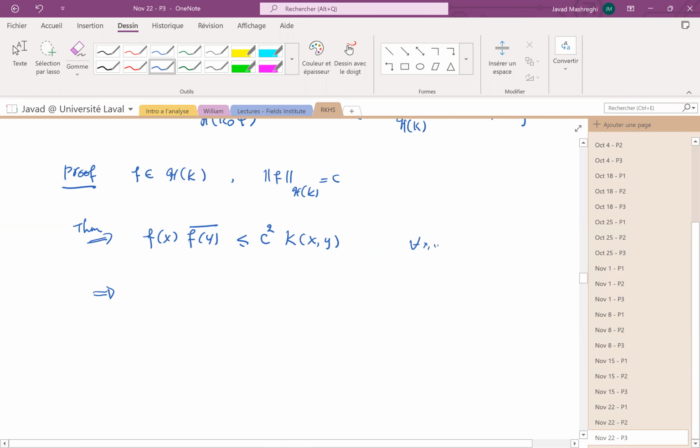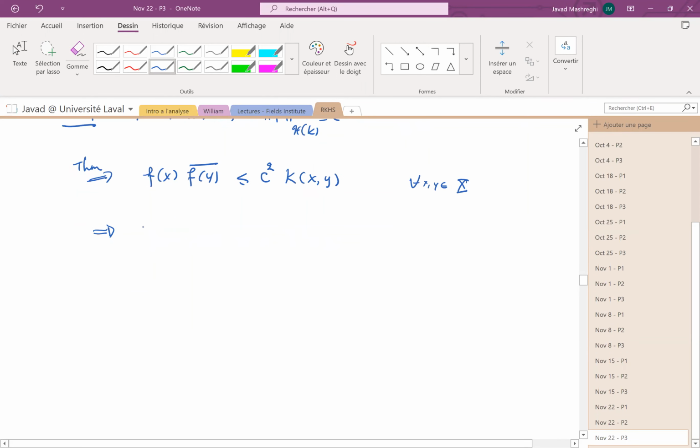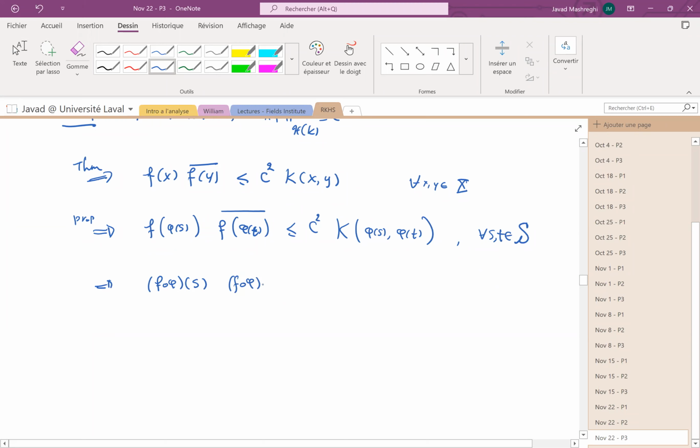This implies for every x and y in X, and immediately implies, based on the proposition we saw before, that f at the point phi(s) times f at the point phi(t) bar is controlled by C squared K(phi(s), phi(t)) for any s and t in S. That's by the proposition, which I write as f composed with phi evaluated at s, f composed with phi evaluated at t bar, bounded by C squared, and instead of K at the points phi(s), phi(t), I write the kernel K composed with phi evaluated at s and t.